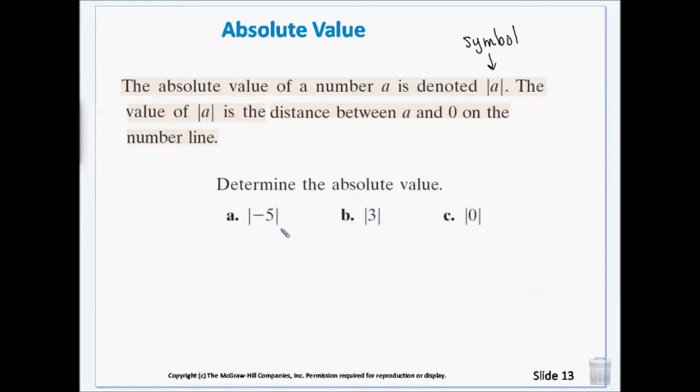Absolute value is positive, so this equals 5. That absolute value symbol is saying take whatever's inside here and make it positive. If it's already positive, it stays that way. And technically 0 is neither positive nor negative, so it's just 0. But that's what these two straight bars are always going to tell you: you take whatever's inside there and you make it positive.